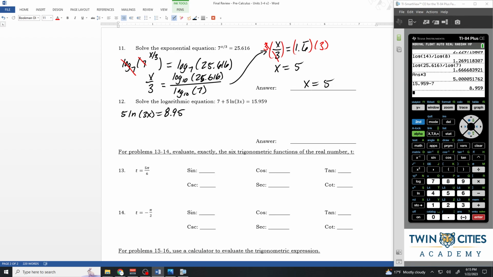Now let's divide both sides by 5. The natural log of 3x is equal to, divide this by 5, 1.7918.